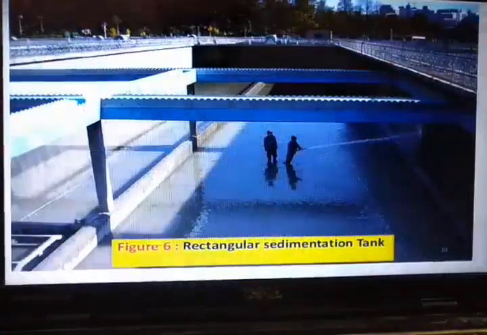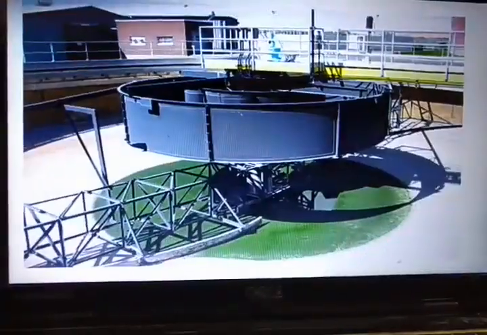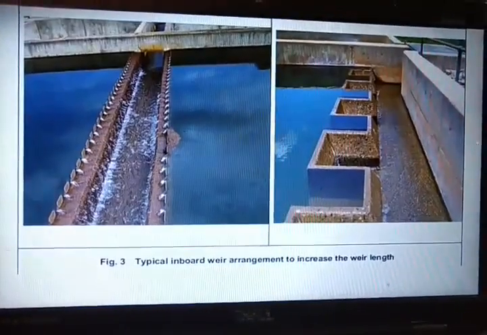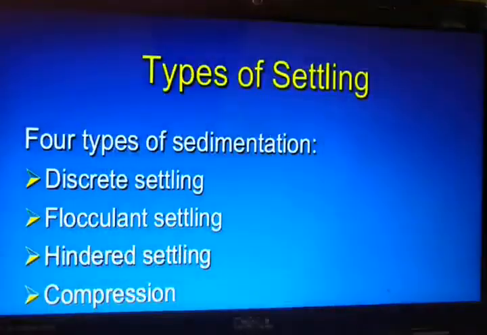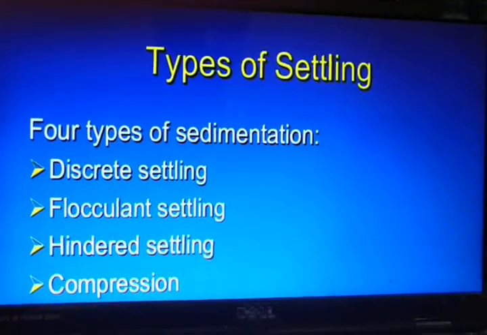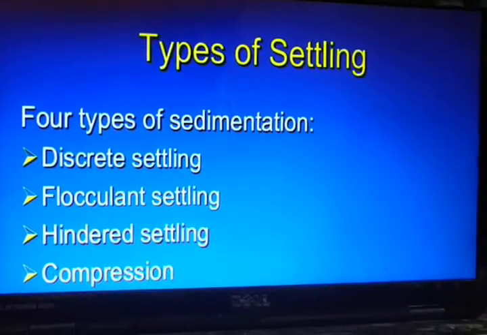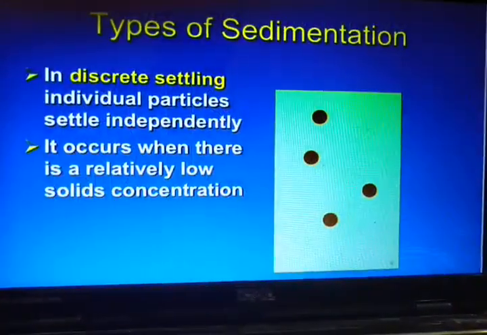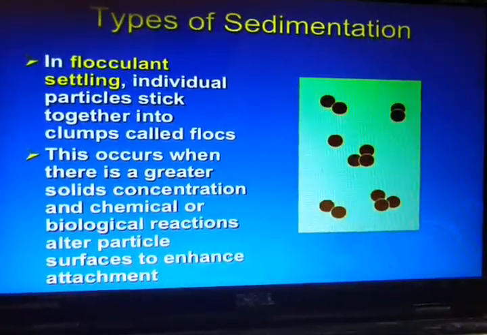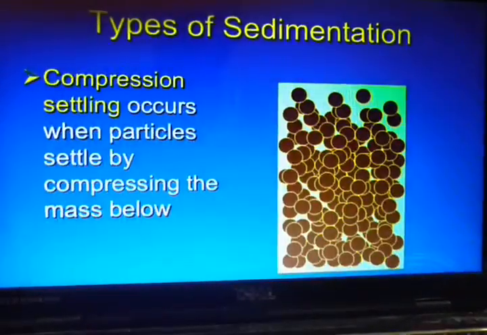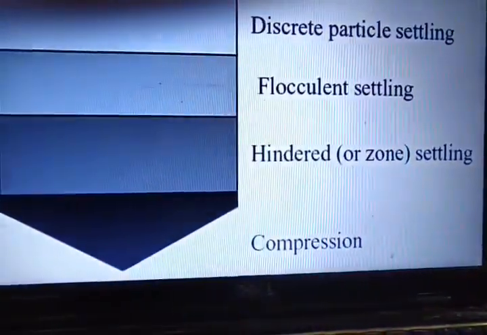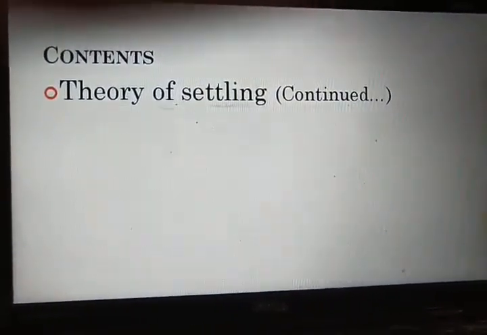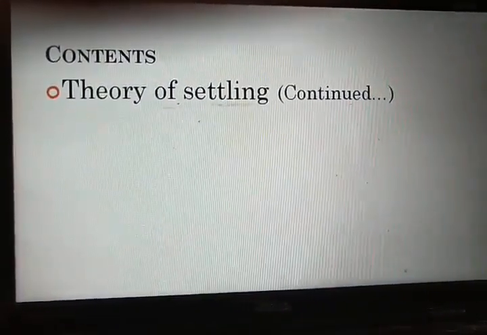Sedimentation, types of sedimentation tanks and their arrangements, inlet and outlet arrangements, different types of weir arrangements, and the types of settling happening in the sedimentation tanks, like discrete, flocculent, hindered, and compression or zone settling. Now let us talk about the theory of settling today.